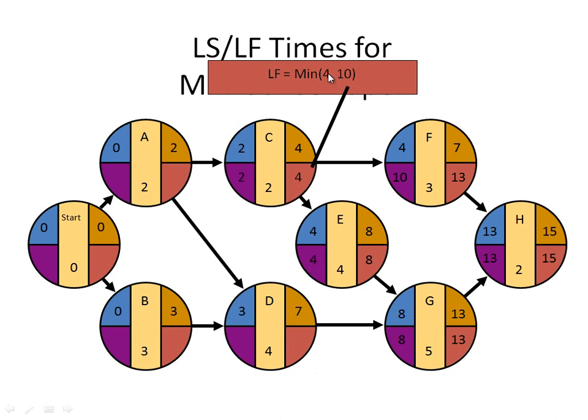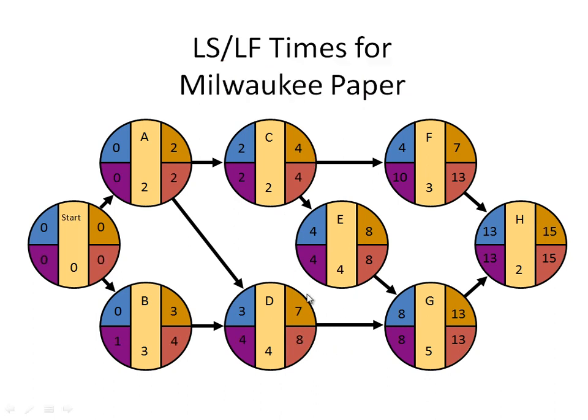We take the minimum of these two and we use it as a late finish for C. So the latest that C can finish is 4. 4 minus 2 is 2. And we continue with the rest of the tasks until we go back to start.